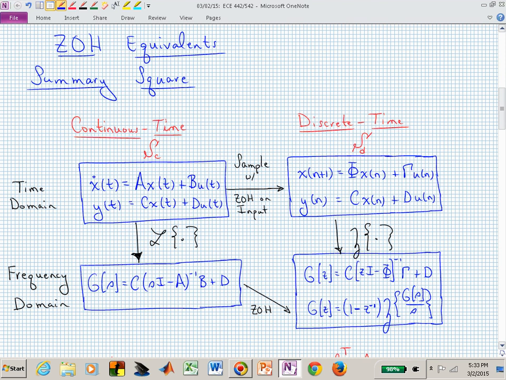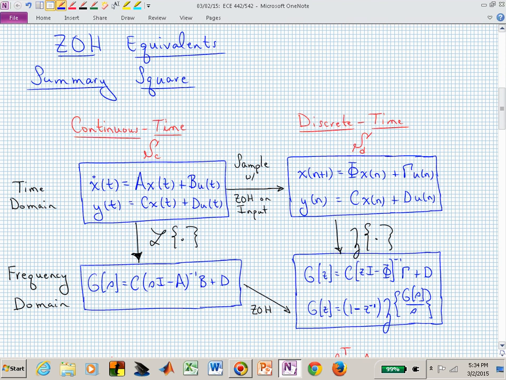You have the left-hand side, which is the continuous time description in the time domain and the frequency domain, and that's from earlier courses, how to do that. And then we can jump over to the discrete time representations, either a state space representation, which is the material that we haven't presented in the formal lecture, but you'll have to look at and study on your own via D2L and YouTube.